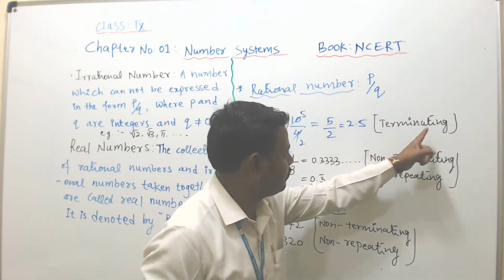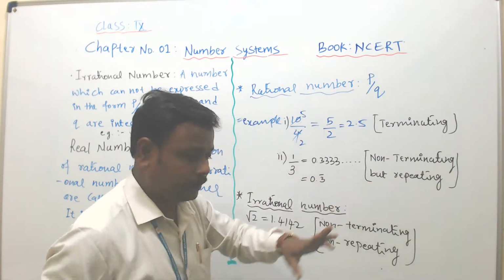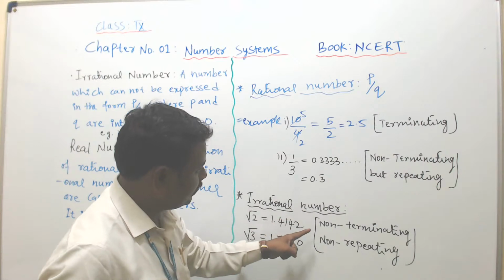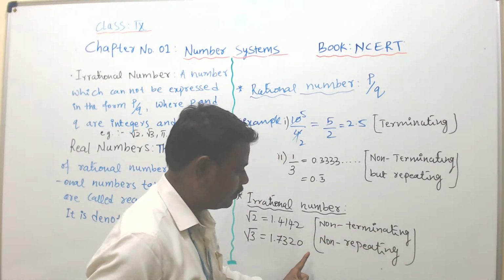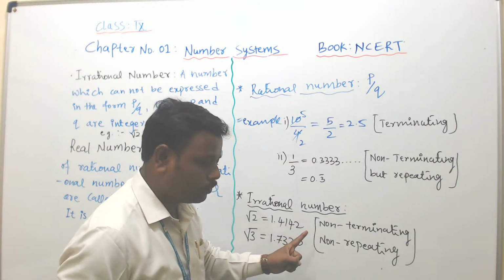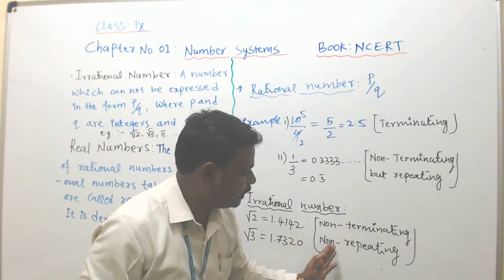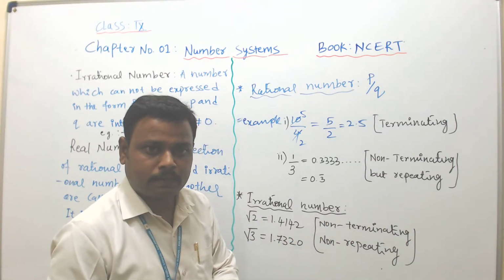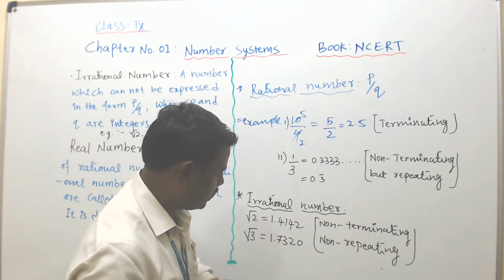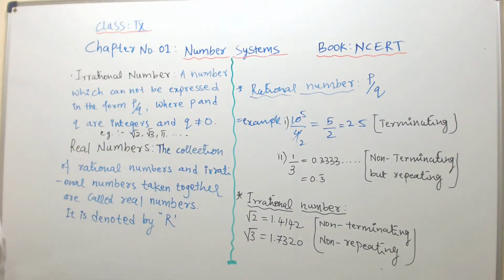The first one is terminating, the second one non-terminating but repeating. In the irrational number, it is non-terminating, non-repeating. Is it clear? So we'll move to the next point.